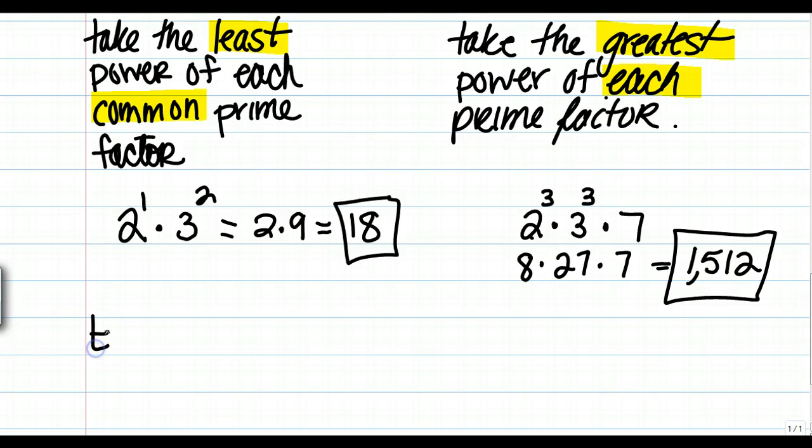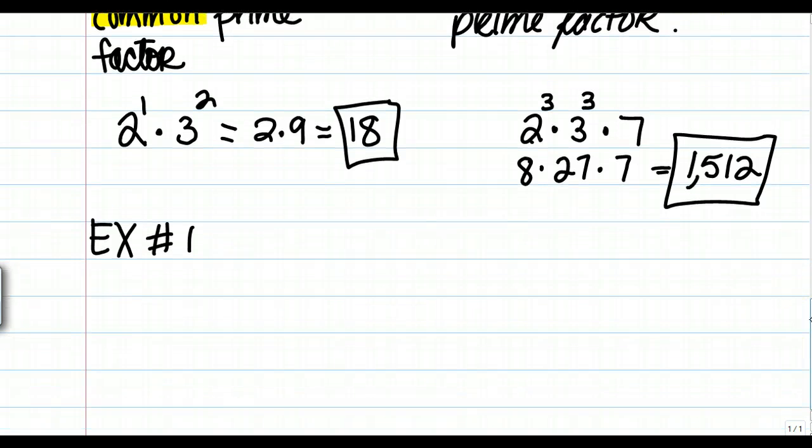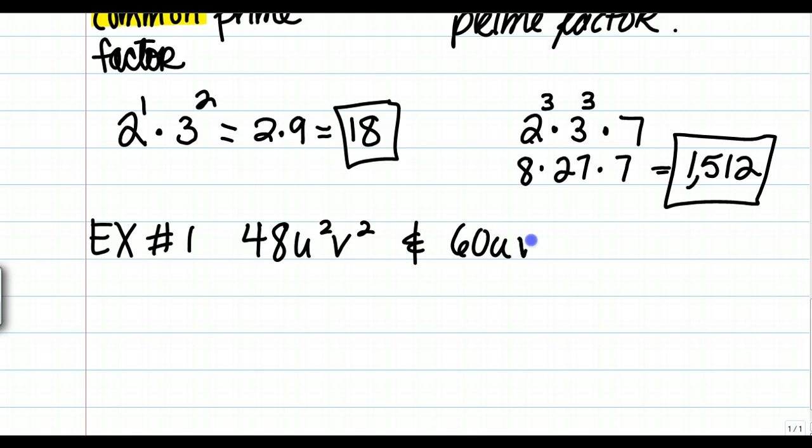So let's do example number 1, and I only have one example because it's the same thing. We're just going to repeat this to make sure you're okay. Let's say I gave you 48u²v², and I gave you 60uv³w.